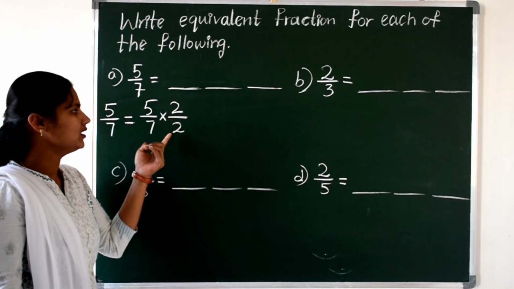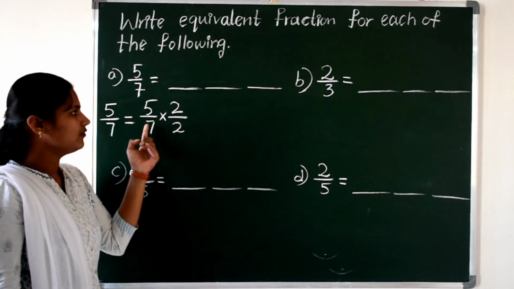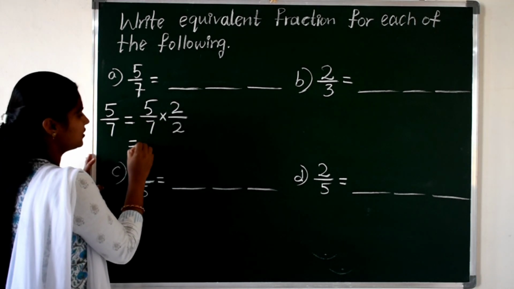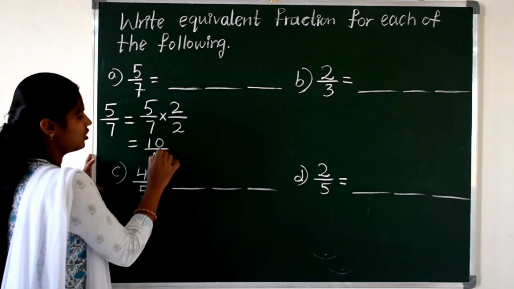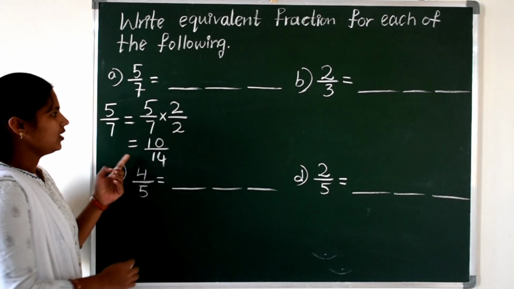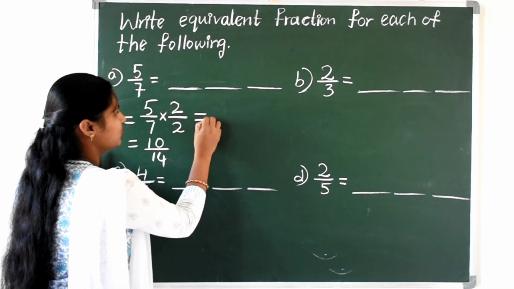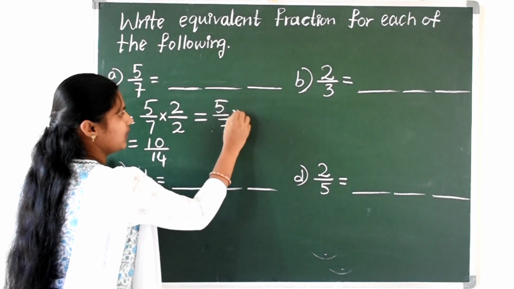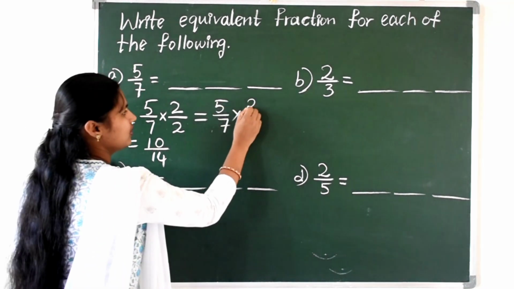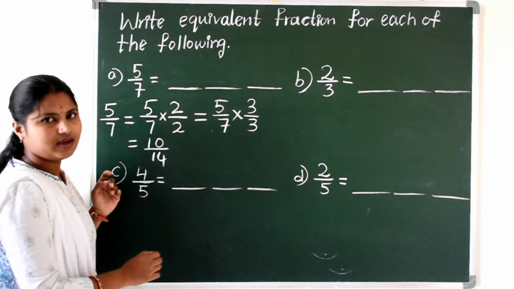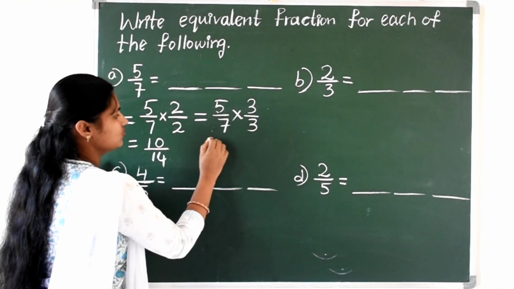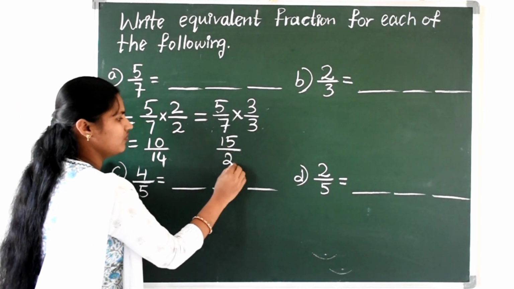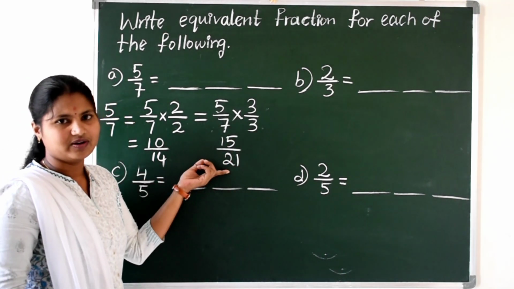We have to multiply the numerator and denominator with the same number. 5 2's equal how much? 10. 7 2's equal how much? 14. Now we go to the next equivalent fraction. I am multiplying 5 by 7 with the number 3. 5 3's equal 15, and 7 3's equal 21.